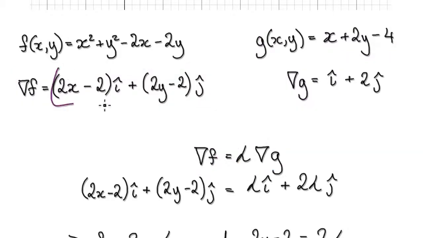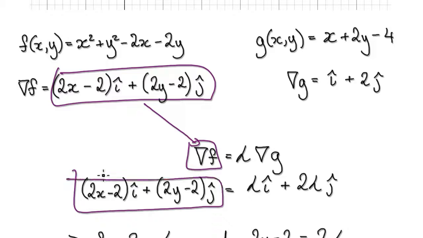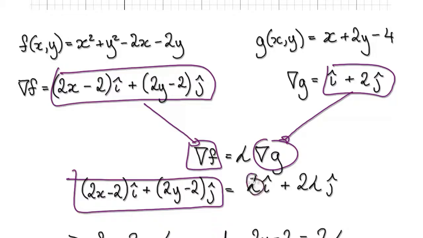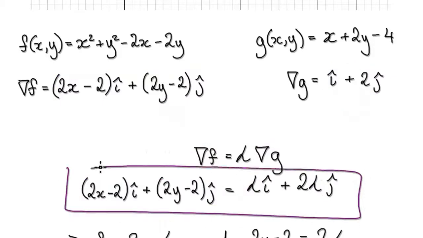So now we can put this into here. That will then give us this thing here, and then put this thing into here, and then you've got your lambda here. Well, put this into here, it will then give you this. So that will then take us to here.